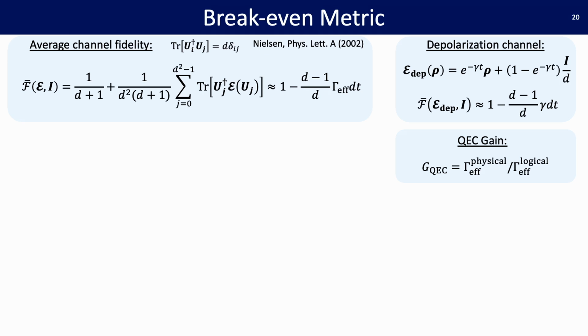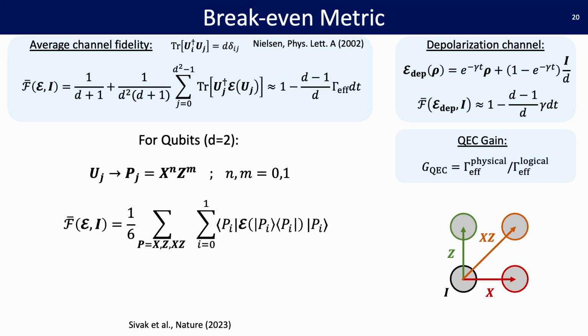So that's great, but as an experimentalist, this is not really something conducive. This expression in terms of a unitary operator basis isn't really conducive to performing measurements, so it requires a bit of massaging. So for d equals 2, we use as an operator basis the Pauli operators. And this expression simplifies into this form, written as a summation over both eigenstates of the three cardinal Pauli operators, x, y, and z.